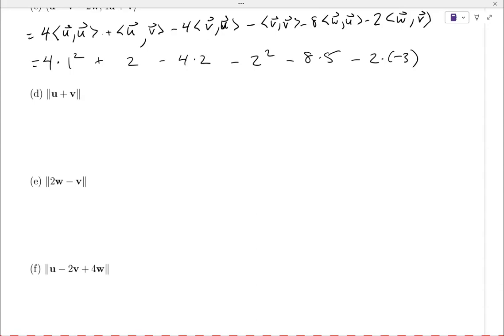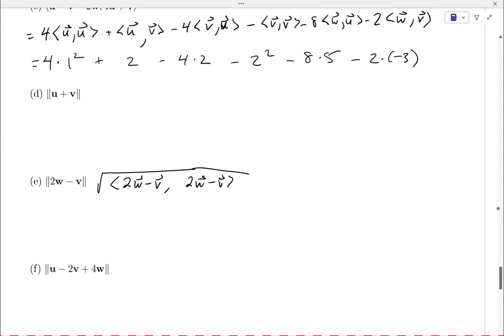Let's do E. If I want to attack something with the magnitude of a vector, what do I need to compute? Good.